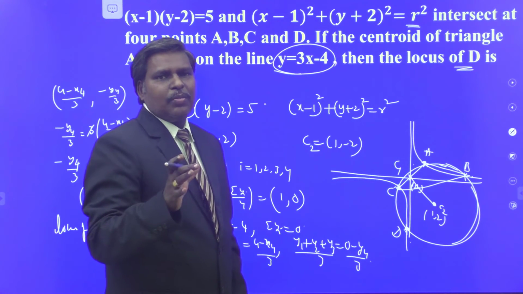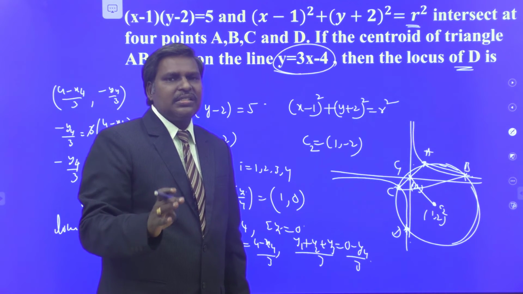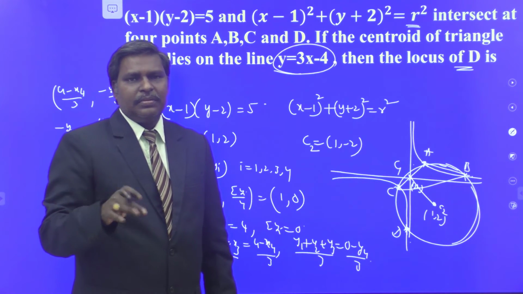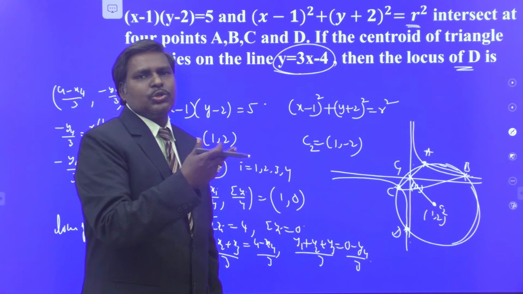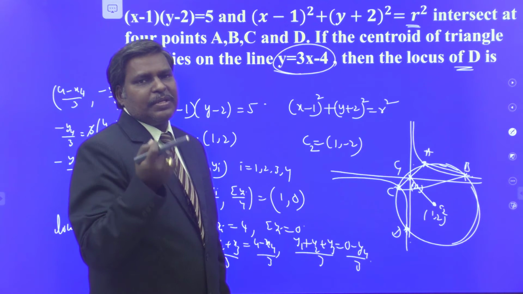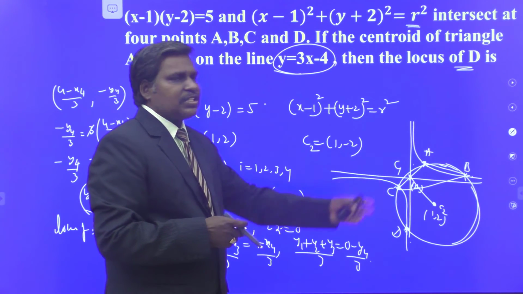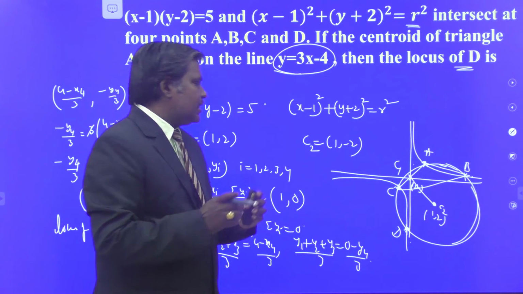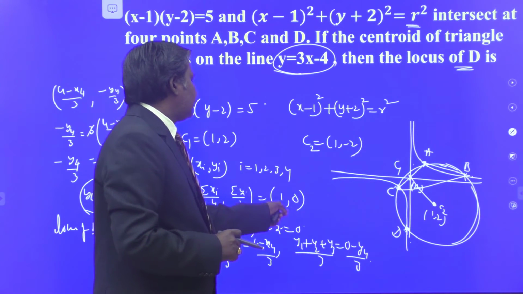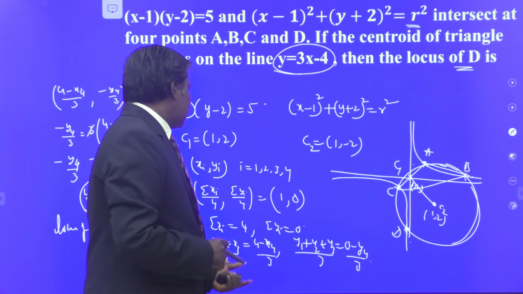Suppose a hyperbola is intersected by a circle, there exist 4 points of intersection. You find their mean. That means x1 plus x2 plus x3 plus x4 by 4, comma, y1 plus y2 plus y3 plus y4 by 4. The mean of the abscissas as well as the ordinates is equal to the midpoint of the centers. Already we proved this concept in the previous class.